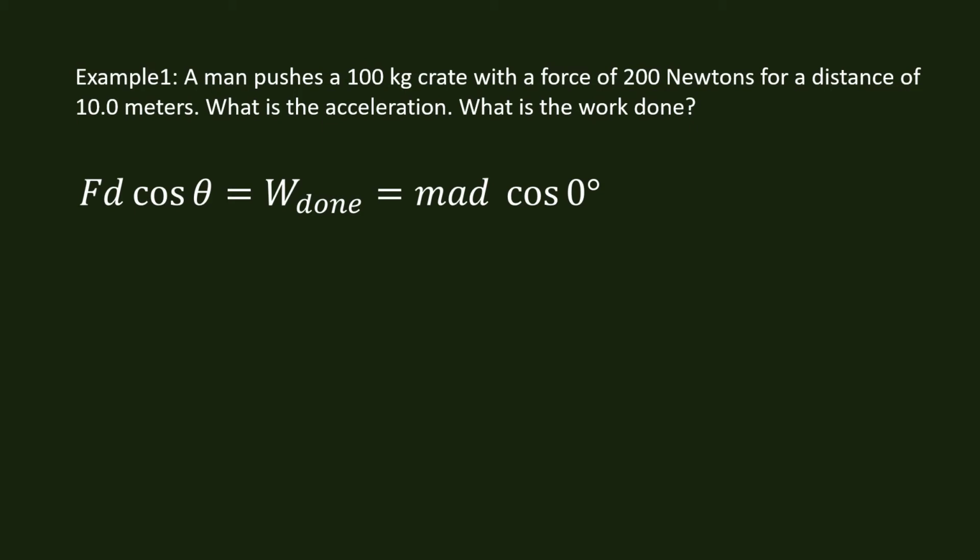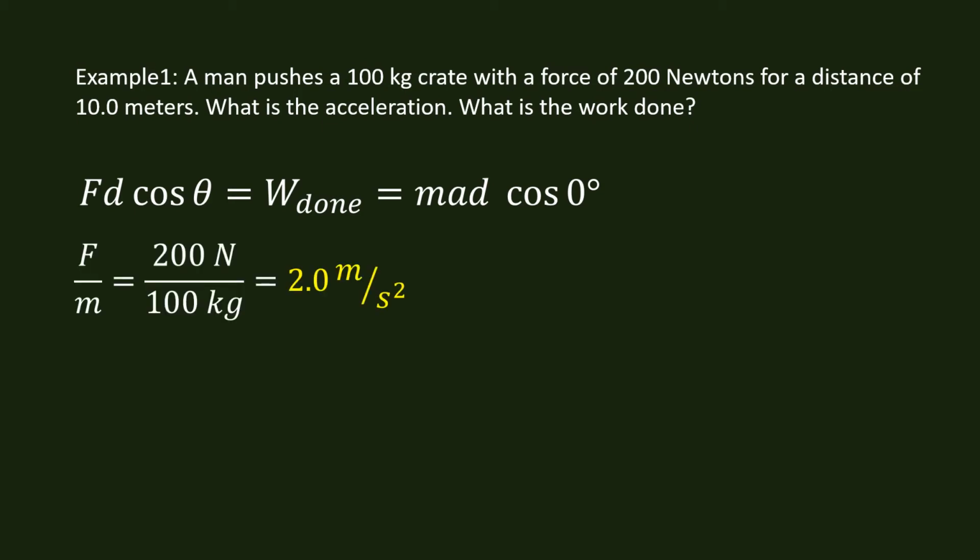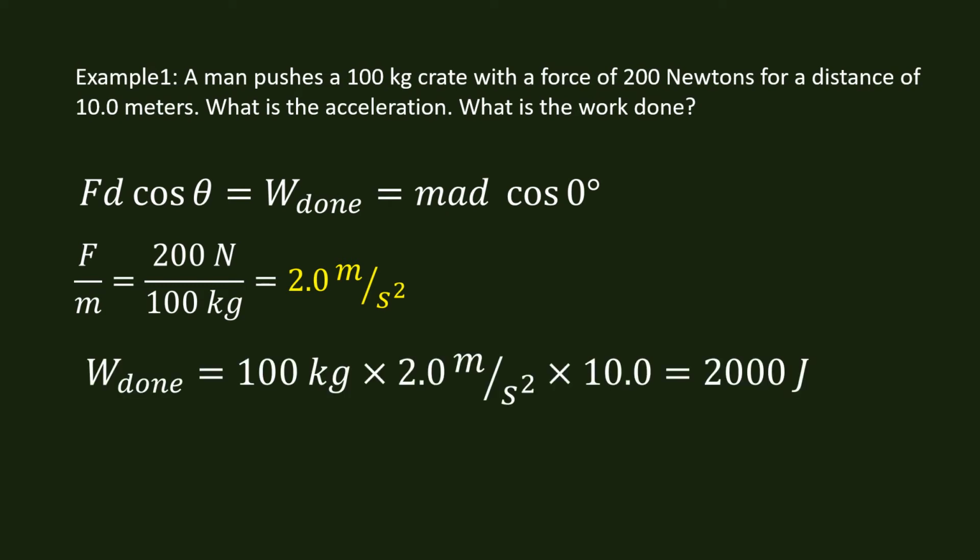So it's m a d cosine 0 degrees. Okay, so here we're going to solve for the acceleration. We have the 200 newtons divided by 100 kilograms, and we get 2.0 meters per second squared. That is the acceleration of the man pushing the crate.